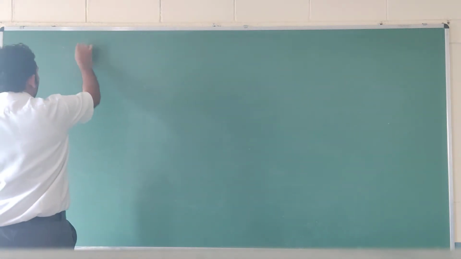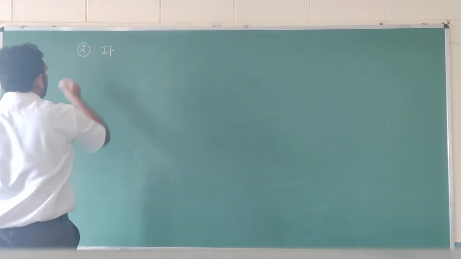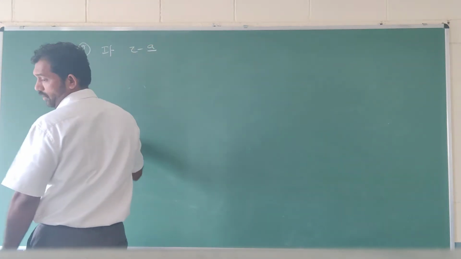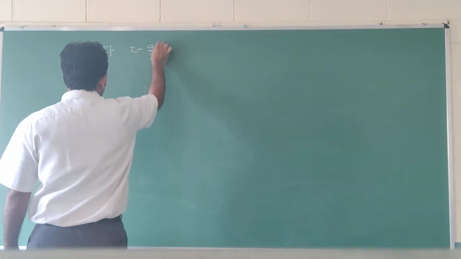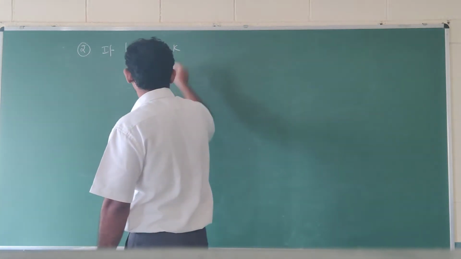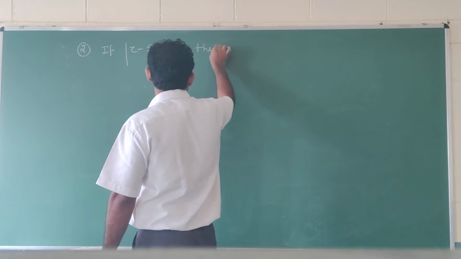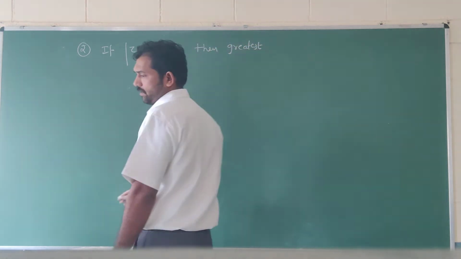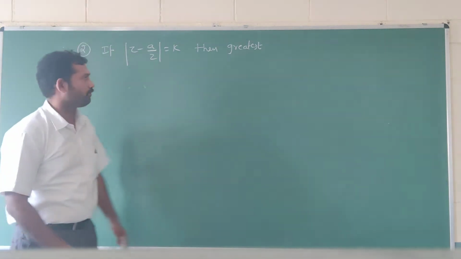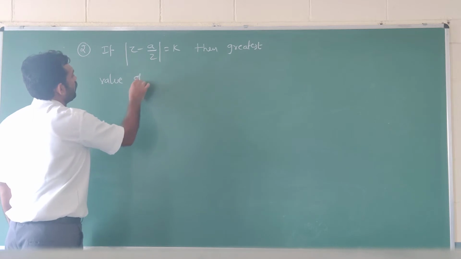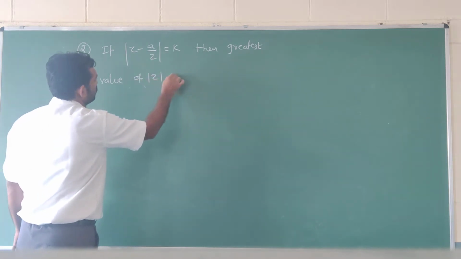Second point: if Z minus a by Z is equal to a constant k, any one constant given, then the greatest value of modulus of Z is what?